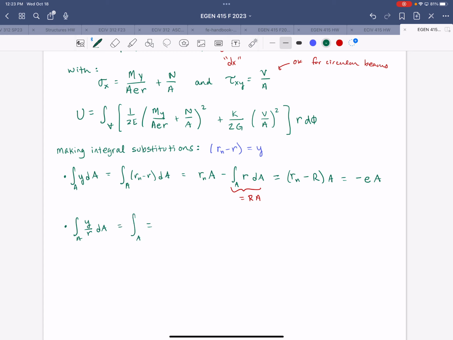So again, making this substitution for y, we would have the integral of Rn over r minus 1, which is Rn times the integral over the area of dA over r minus A. And this integral would evaluate to area over Rn.